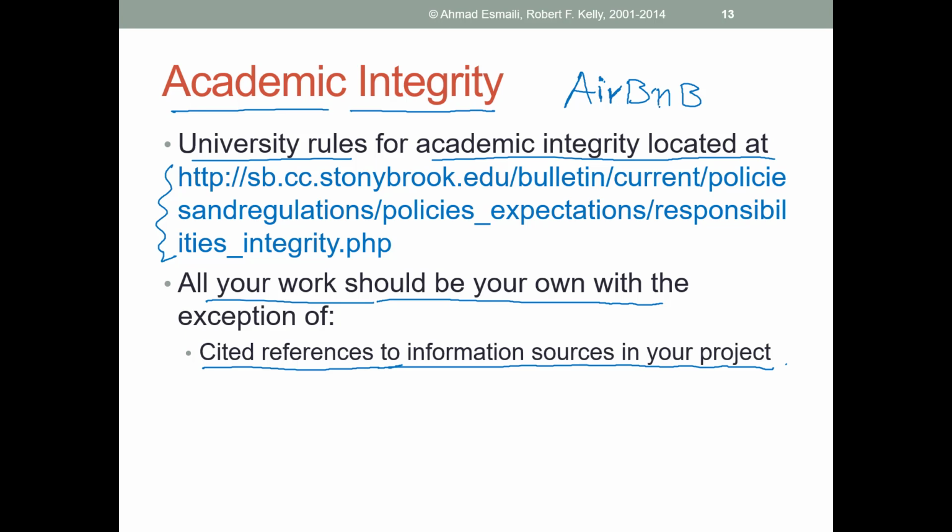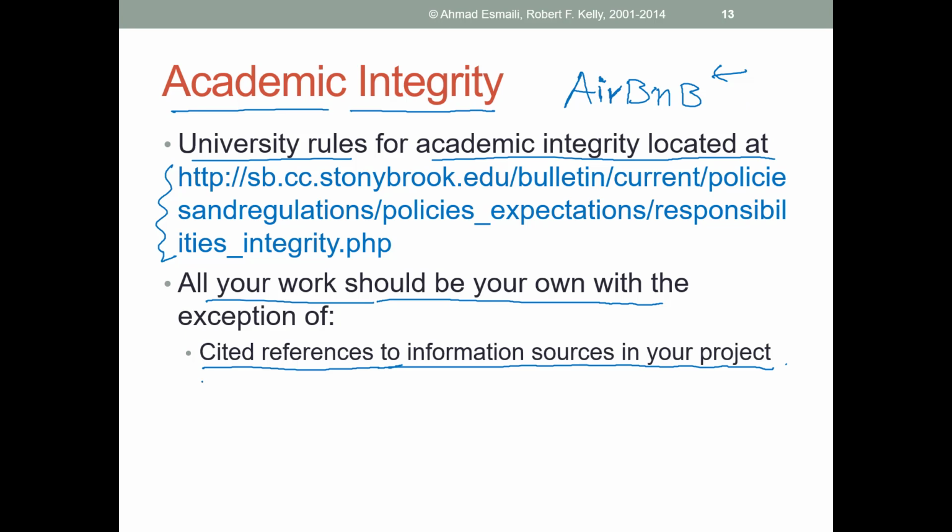It's kind of a hotel, but cheaper, where house owners or apartment owners provide their house on rent. If you want to design a database similar to Airbnb, then you need the data. You can get the data from Airbnb if they are providing this data to be used.